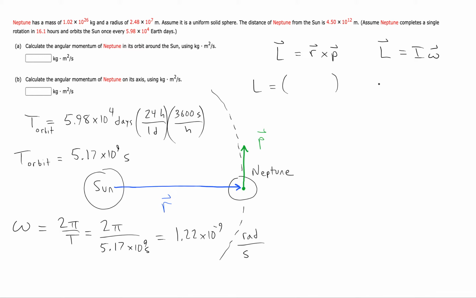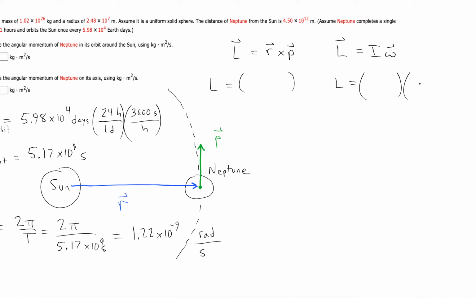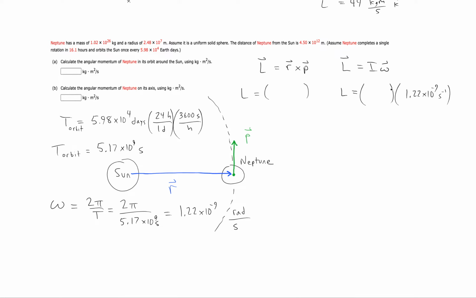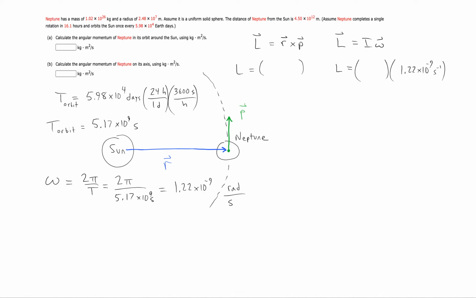Alright, so that actually helps us get somewhere with this formula. But we need the moment of inertia. And it's like, do you use the moment of inertia of a sphere? Or do you use the moment of inertia of a point mass? And the answer is, you treat it like a point mass.